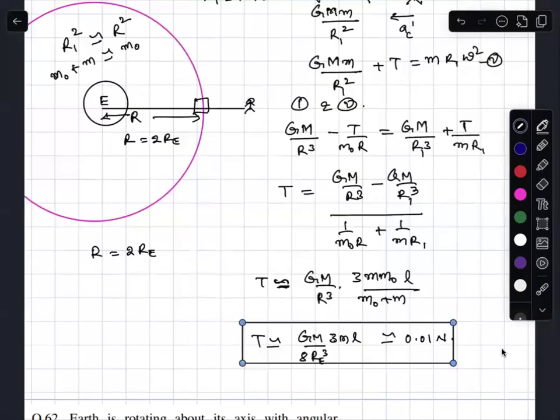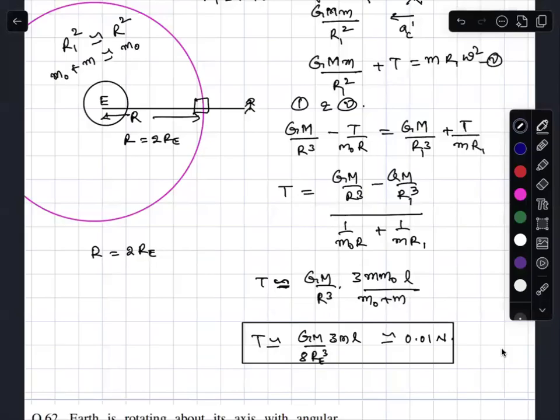Your string has a tension of the order of 10 newtons, and the maximum possible tension in this case is 0.01, about a 1,000th part of your maximum tension. Now tell me, any doubt in this?